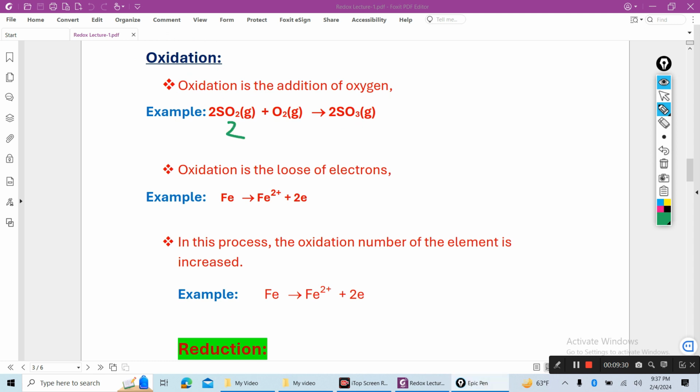Here 2 oxygen, here 3 oxygen. So one oxygen atom is added to sulfur dioxide. So this reaction is known as oxidation as oxygen is added.